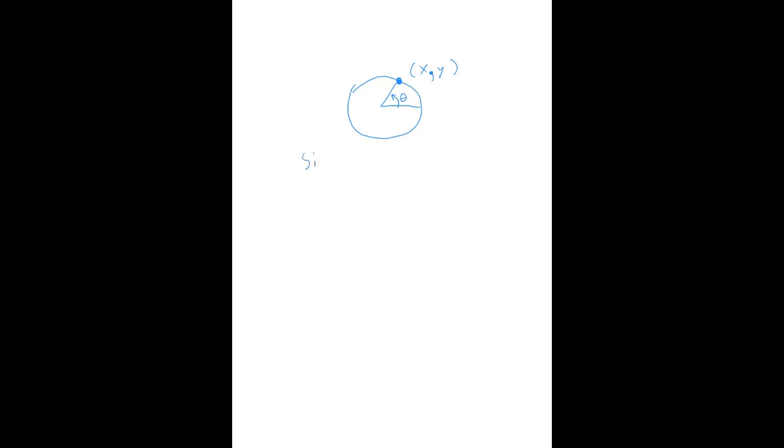So sine, we remember, takes this angle as the input and gives us back the y coordinate. And similarly, cosine takes the angle and it just gives us the x coordinate. This is just however we have defined sine and cosine to be.